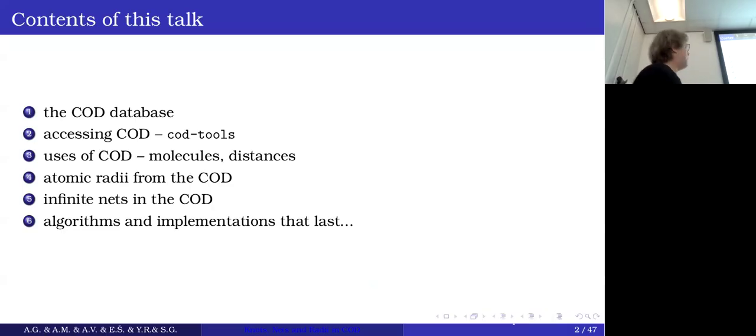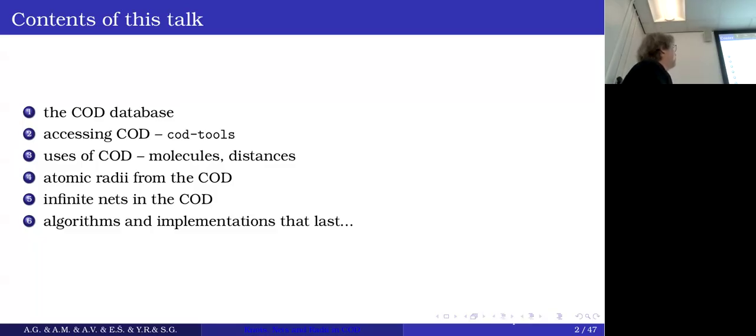So my talk will be organized as follows. I will talk about the Crystallography Open Database a little bit, and present the tools to access data from that database which we use. Then I will give some illustrative uses of the code, which are a path towards the nets and knots that we want to eventually have cataloged, along with atomic radii investigations.